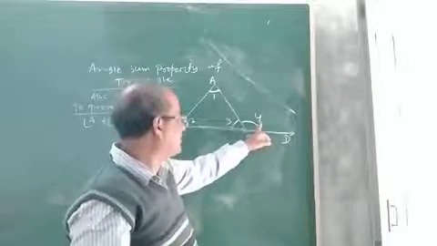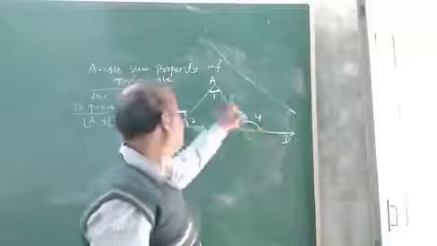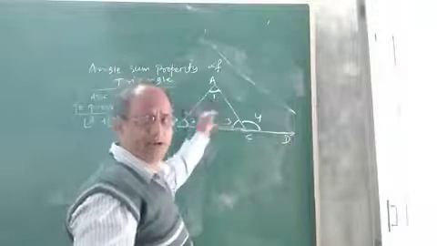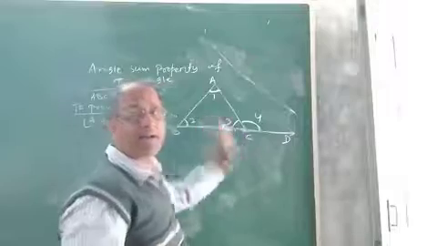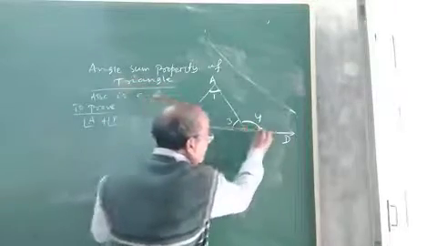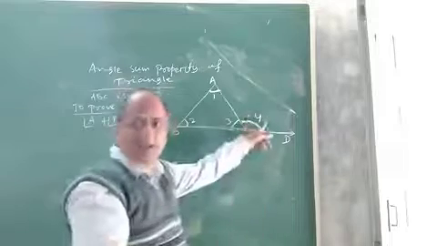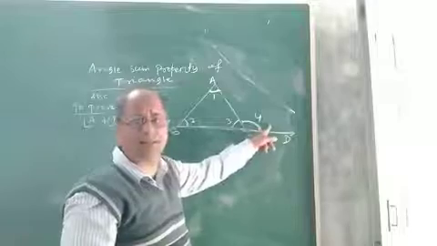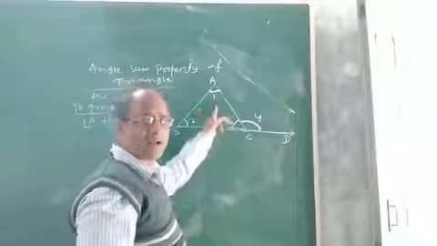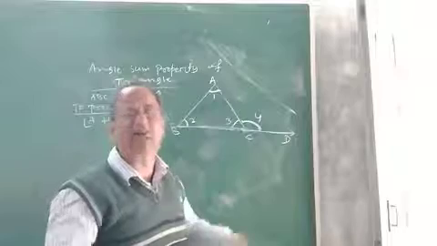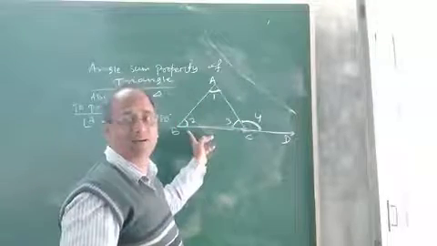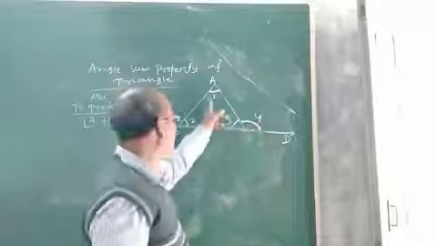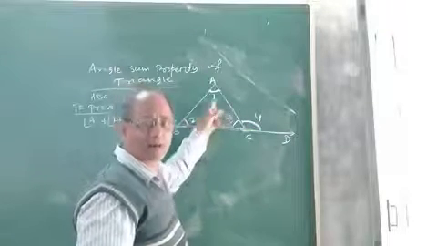Now children, if this is the exterior angle, then these two, angle 1 and 2, what angles are they? You have the idea. Angle 1, 2 and 3 are interior angles of the triangle. But when we consider an exterior angle, suppose angle 4 is exterior, then these two angles, angle 1 and 2, are called interior opposite angles.